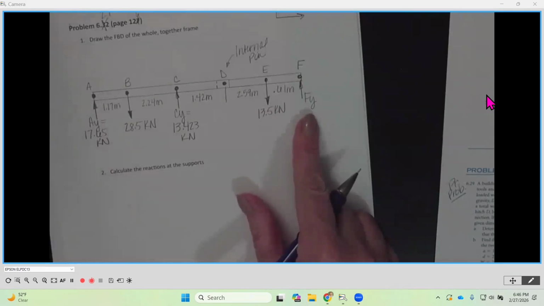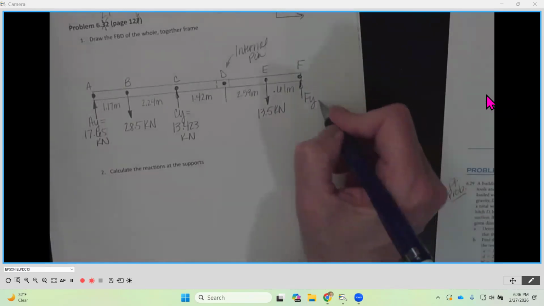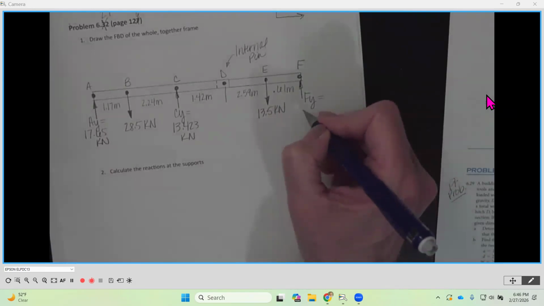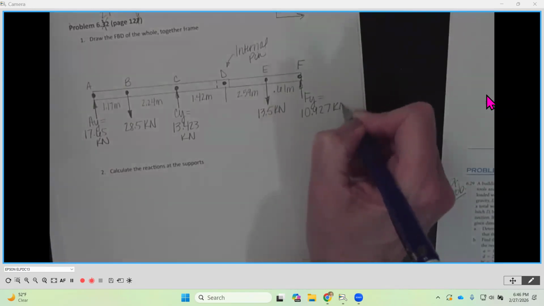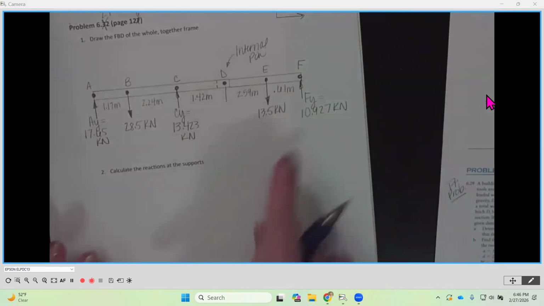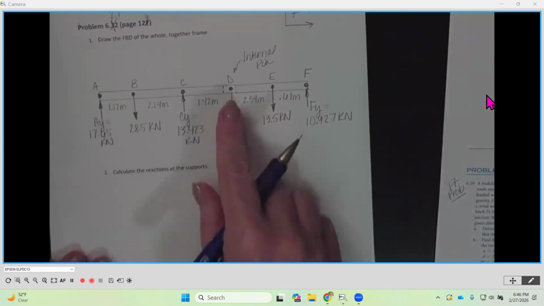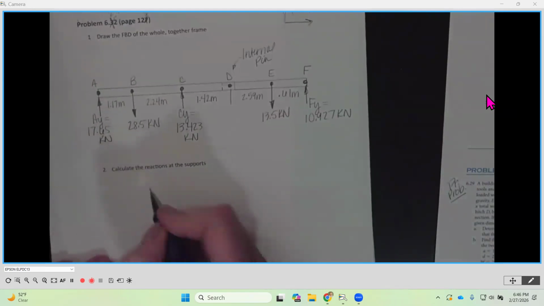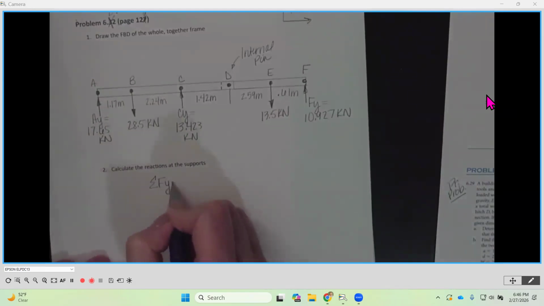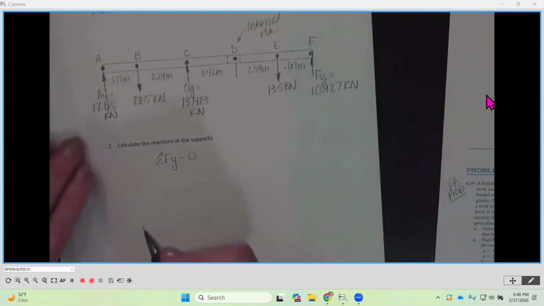But I am going to go back to my FY, which was on my trailer, that was 10.927 kilonewtons. Okay, now these all remain in their same direction. We only change the direction of internal pins. So if I sum my forces in the Y direction, I'm hoping this all comes out to 0.